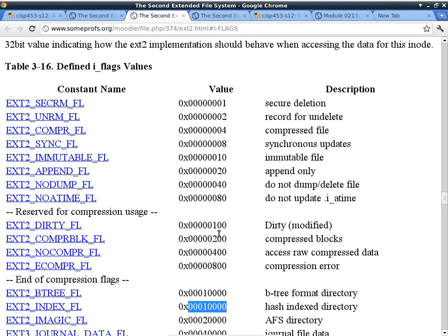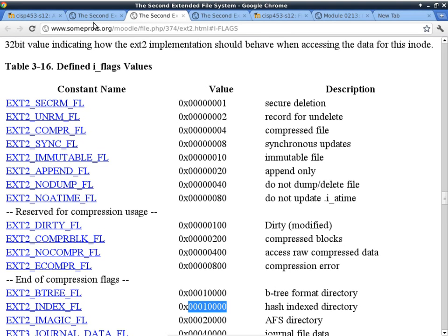Does everybody understand how I number the bits? Each hexadecimal number is 4 bits. The least significant digit in hexadecimal represents bit 0 to bit 3, then bit 4 to bit 7, bit 8 to bit 11, bit 12 to bit 15. So this is bit 16 to bit 16 plus 3, which is bit 19. Okay?